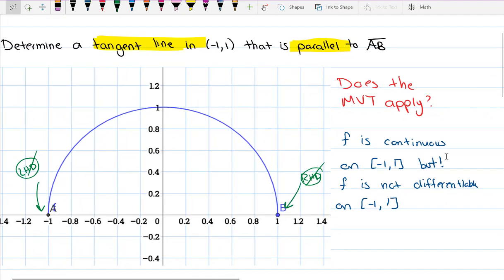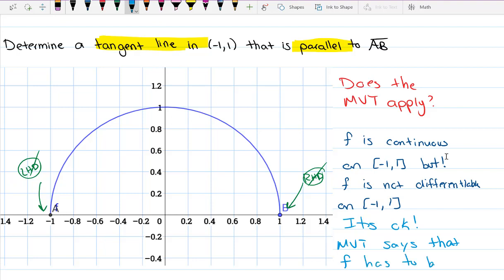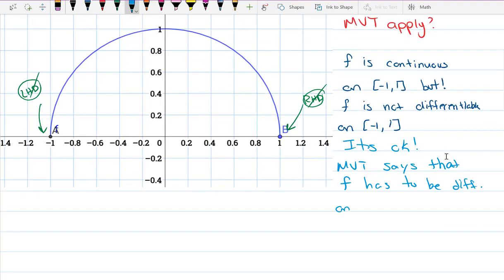But that's okay. And the reason it's okay is because the mean value theorem says that f has to be differentiable on an open interval. And so I'm going to choose my open interval to be negative 1 to 1, and now my function is actually differentiable.